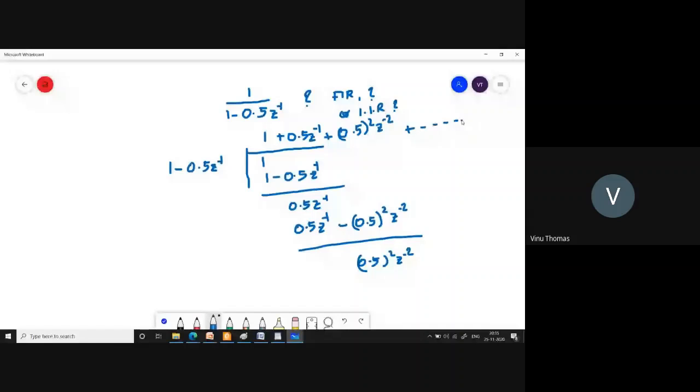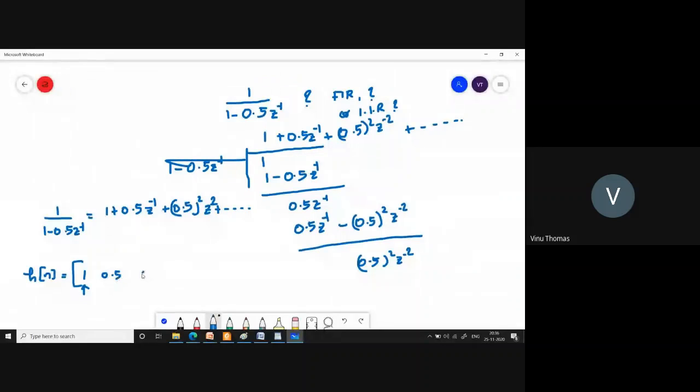So the filter 1 by 1 minus 0.5 z raised to minus 1, by long division, has been established as the filter 1 plus 0.5 z raised to minus 1 plus 0.5 the whole square z raised to minus 2 plus 0.5 the whole cube z raised to minus 3 plus etc. In other words, your filter h of n is equal to 1 here at the origin, then 0.5, next one is 0.5 the whole square, and this is 0.5 the whole cube, etc. Up to how many samples will be there?